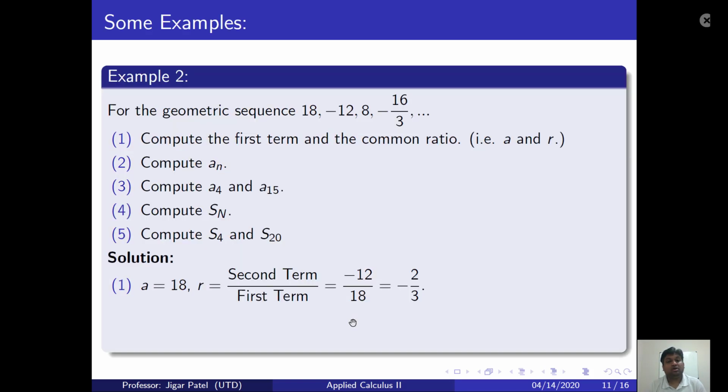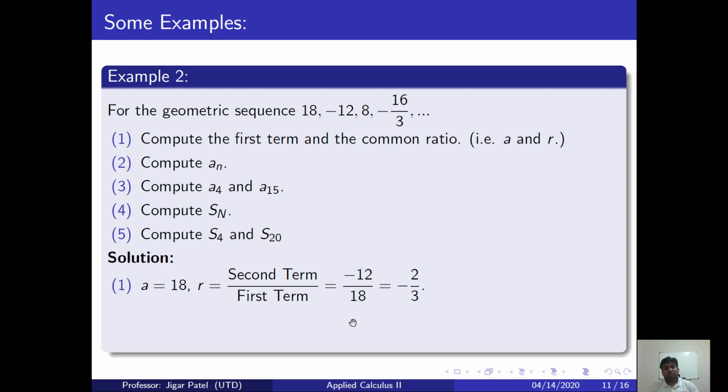Okay, all right. Here is the next problem, very similar to the first one, slightly more tricky sequence. Suppose I give you the geometric sequence with entries 18, negative 12, 8, negative 16 over 3, and so on. The same 5 questions we would like to answer.